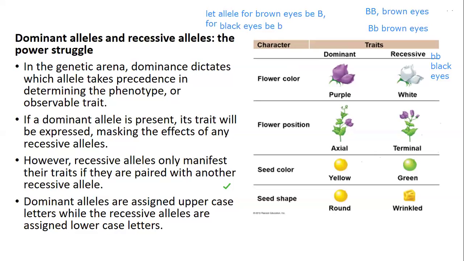But now when we talk about seed shape, some seeds end up becoming round, if they carry the allele for roundness. Others become wrinkled if they carry the allele for wrinkledness. So the alleles are just alternative ways in which a gene may be expressed.